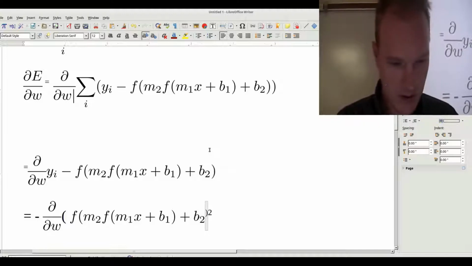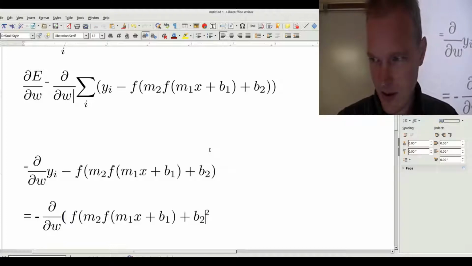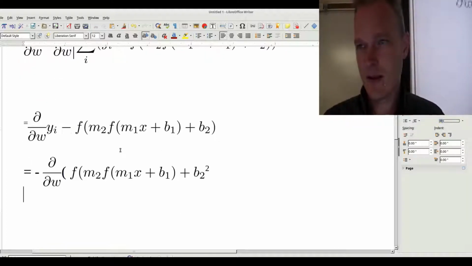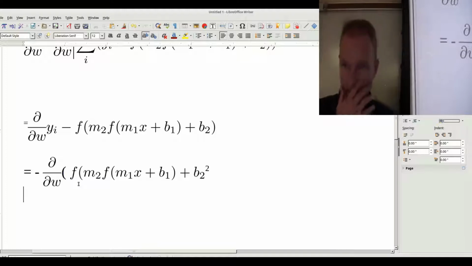So now there's a negative sign in front, and that means that it's that whole quantity there before we apply the minus. So if the whole quantity is negative, then that means the dE/dw is negative. Which way do we update?